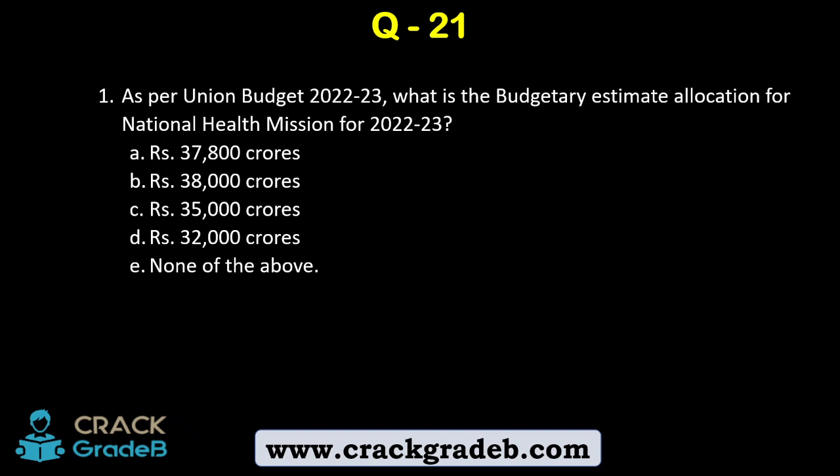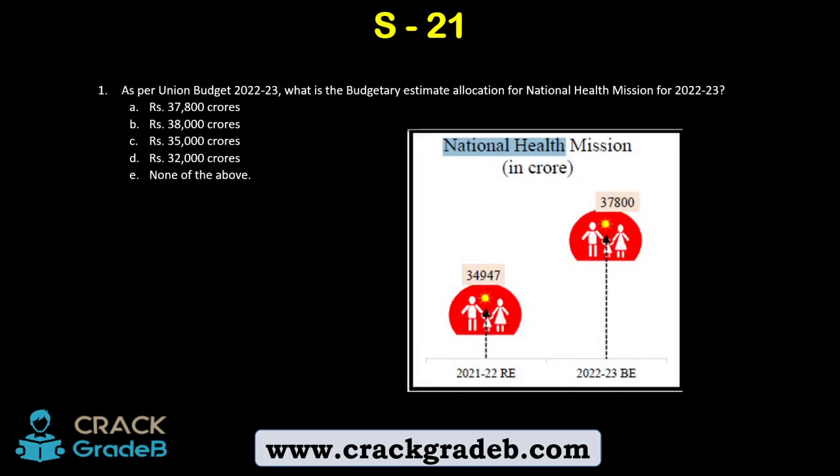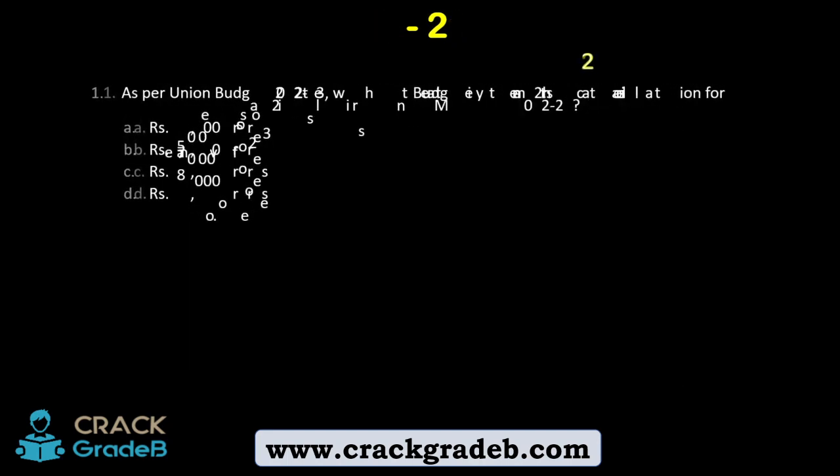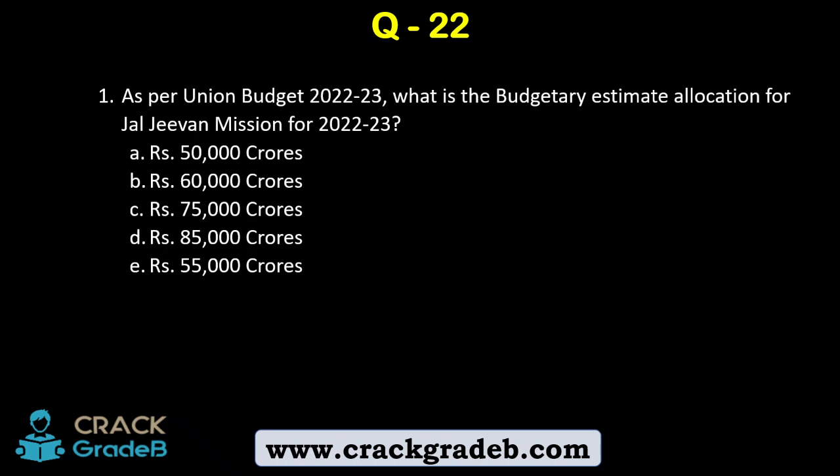As per the budget, what is the budgetary estimate allocation for the National Health Mission for 22-23? So the correct answer is 37,800 crore. Right? Let's move forward. Let's see question number 22.